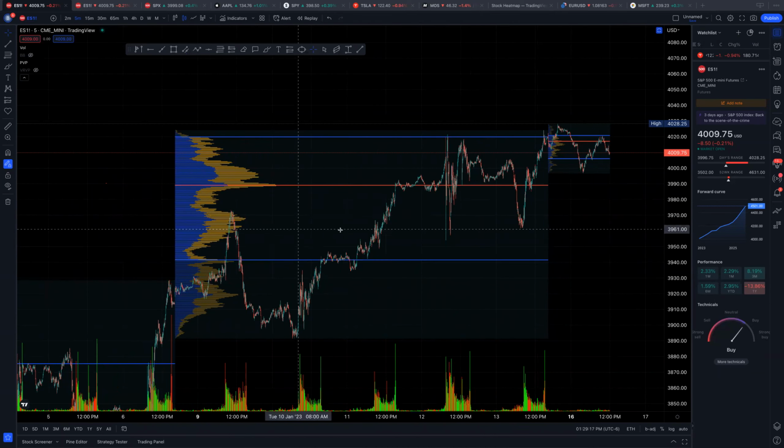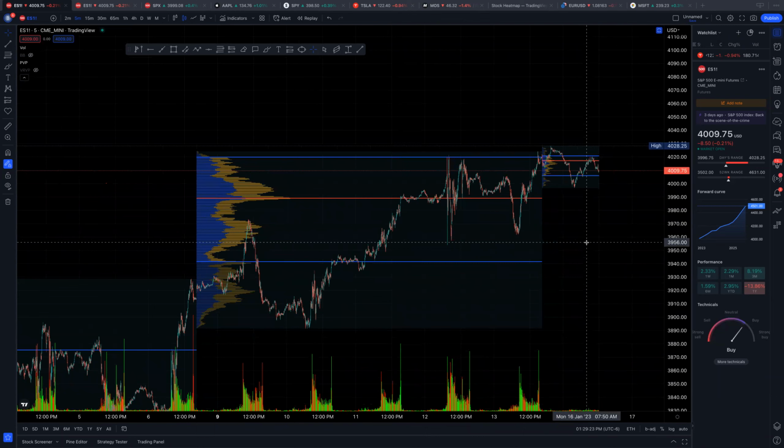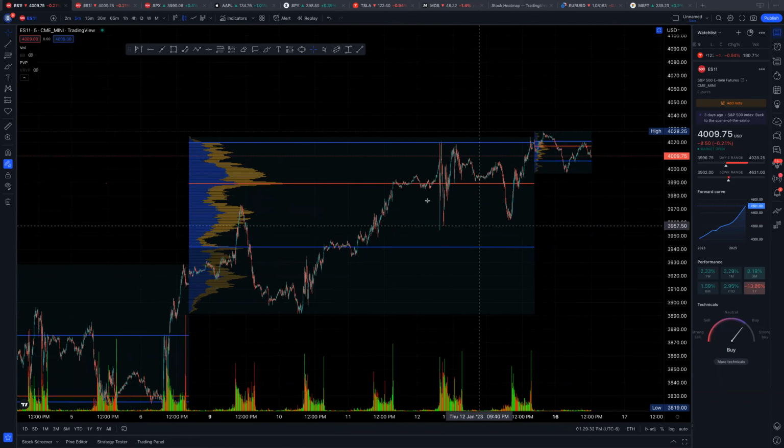So when it comes to the whole volume profile, it's all about price action working with the volume profiles. Where did the blue lines come from? The blue lines are basically where 70% of the trading for the day happens.